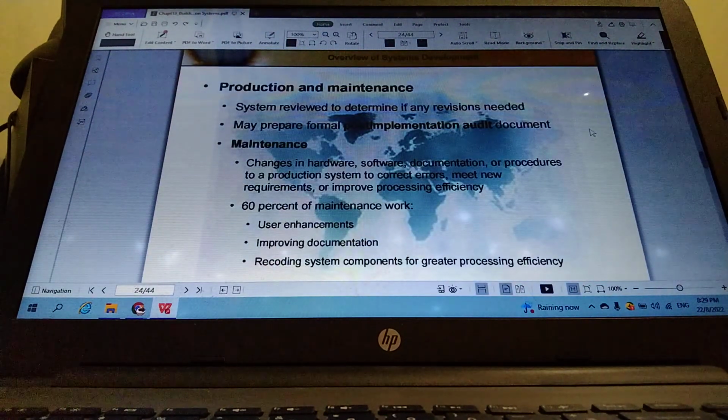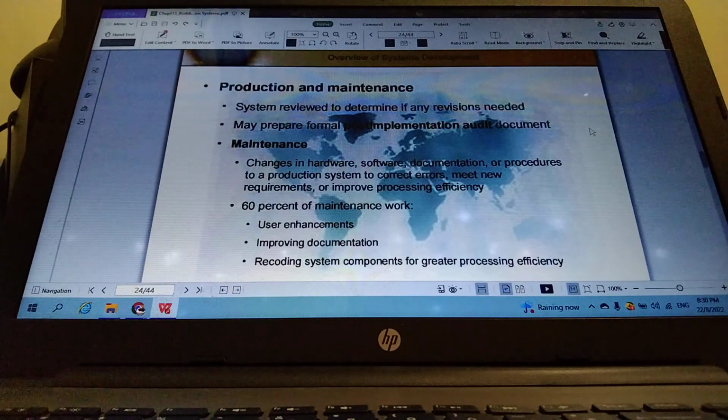And the final stage, as we have seen, is the production and maintenance stage, where there will be a group of people who will be carrying out what they call system review to make sure everything is in place according to the requirement.